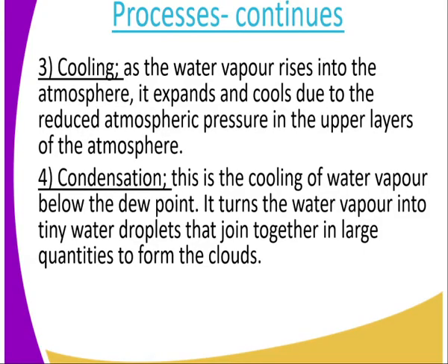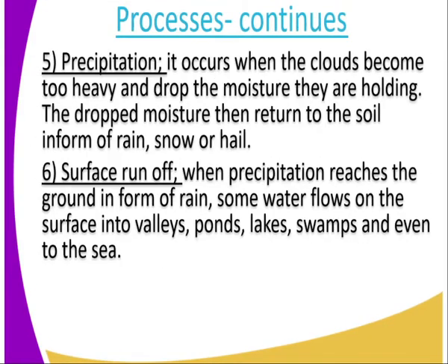Then number 4, we have condensation. This is the cooling of water vapor below the dew point. It turns the water vapor into tiny water droplets that join together to form the clouds. That is condensation. Then we have precipitation.